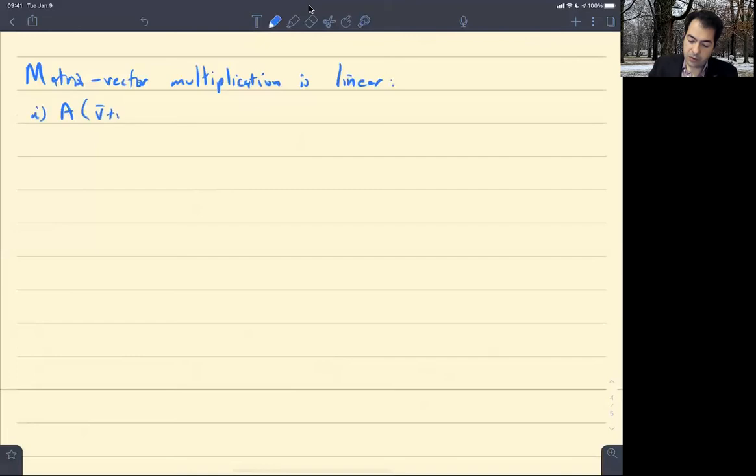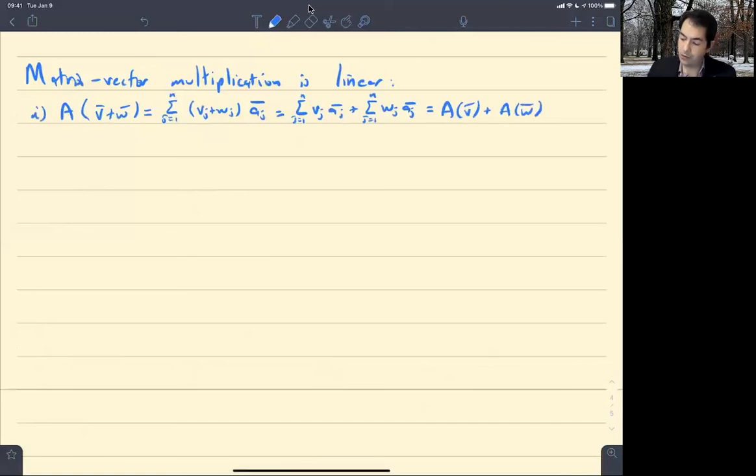A times V plus W, thanks to the formula we just wrote down, would be the sum of Vj plus Wj, multiplying the jth column of A, right? But that is just the sum of Vj Aj plus the sum of Wj Aj, and that is A times V plus A times W, right? Which is what we want to check.